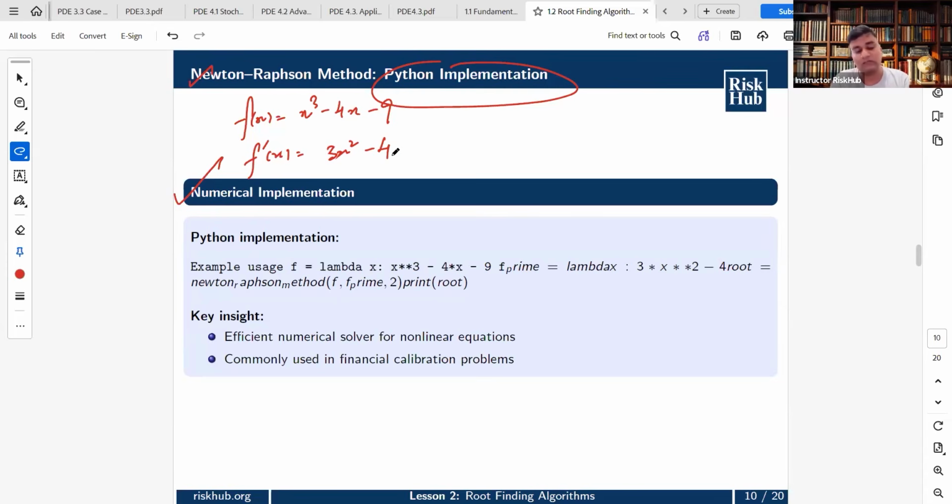F prime of x equals 3x squared minus 4. The Python code is in front of you, and basically this is Newton-Raphson in option pricing. x in finance is equivalent to sigma. f(x) is the pricing error. f'(x) is vega. The root is implied volatility. So the key insight is that it is an efficient numerical solver for non-linear equations, commonly used in financial calibration problems.